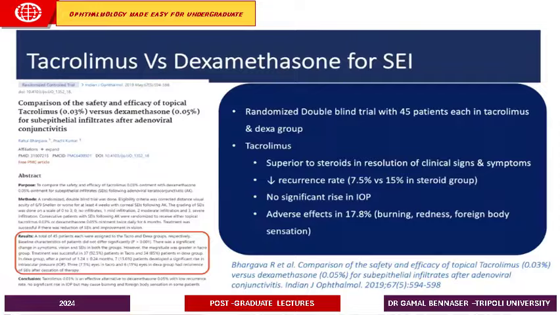And there is no significant rise in the intraocular pressure, and they have mild adverse effects, as you know, burning and redness and foreign body sensation. So the use of these steroid-sparing drugs like tacrolimus and cyclosporine has a significant effect, especially in the subepithelial infiltrates.